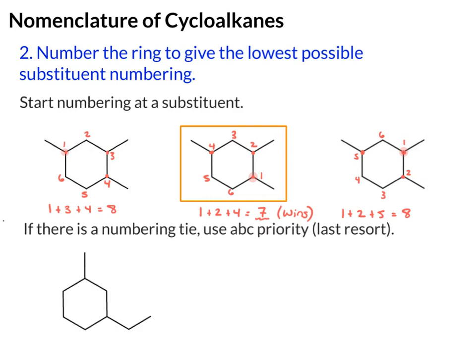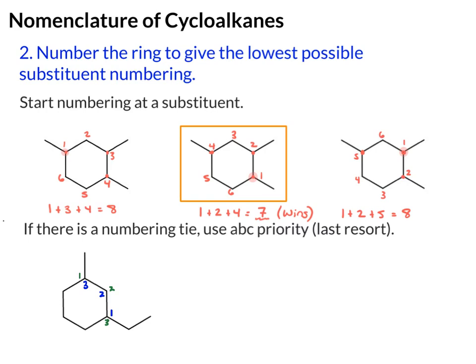If you do happen to run into a numbering tie that you can't break, then use alphabetical as a last priority. So in this case, it doesn't matter if I number clockwise, 1, 2, or 3, or counterclockwise, 1, 2, and 3. I'm going to have something at 1 and something at 3.